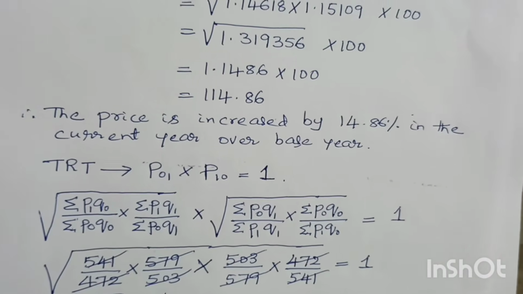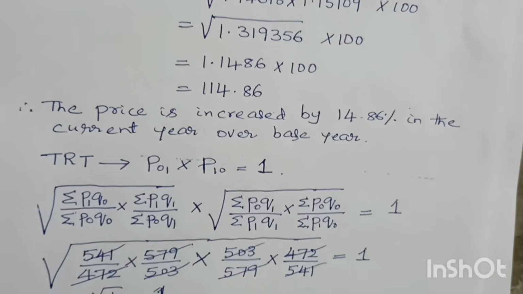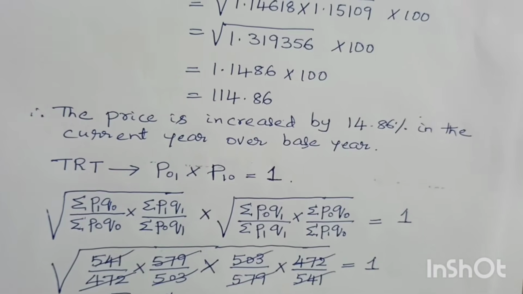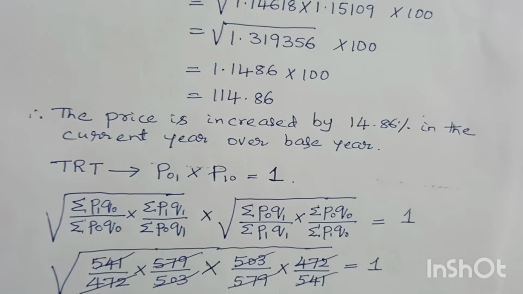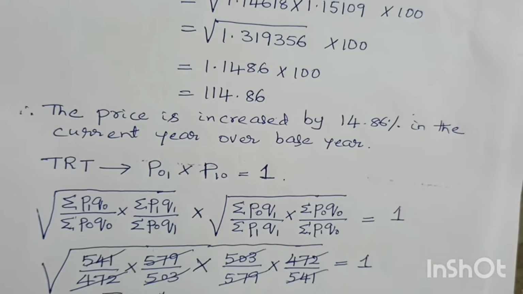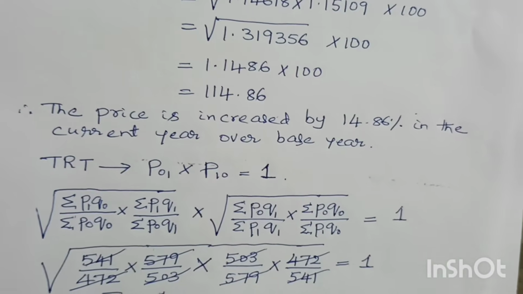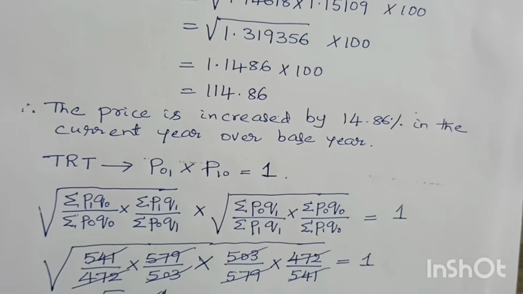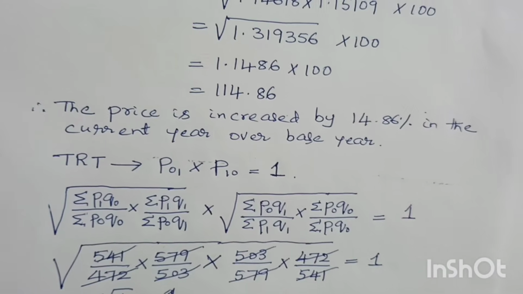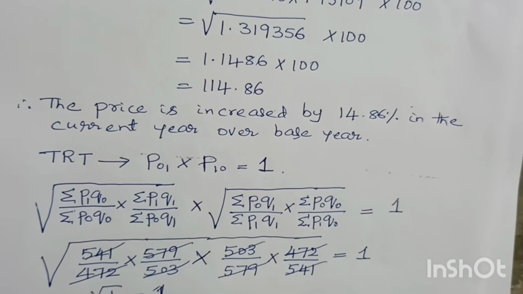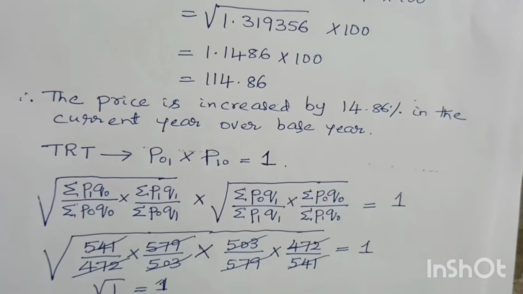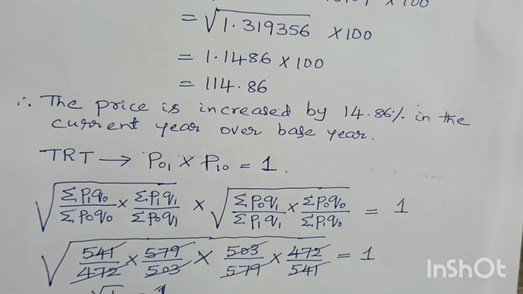So change it. Suppose here the first one in the P01 formula, root of summation P1 Q0, you have to write it as summation P0 Q1. Okay, like that, where and all 0 is there, make it 1, where and all 1 is there, make it 0. So summation P0 Q1 divided by summation P1 Q1 into summation P0 Q0 divided by summation P1 Q1.